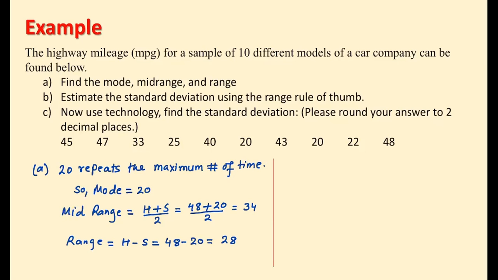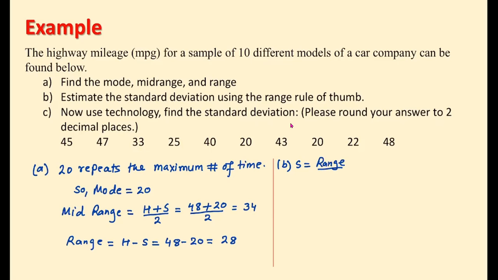In part B, as you can see, we are asked to estimate the standard deviation using the rule of thumb. The standard deviation according to the rule of thumb is the range divided by 4.